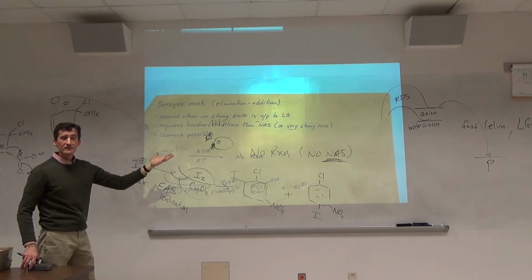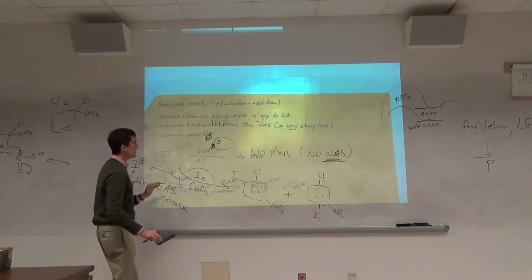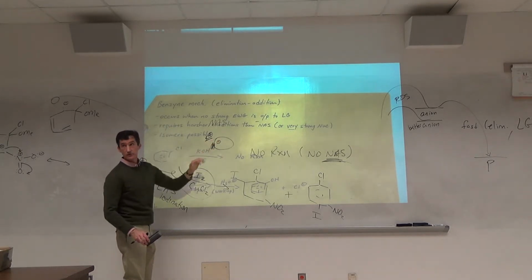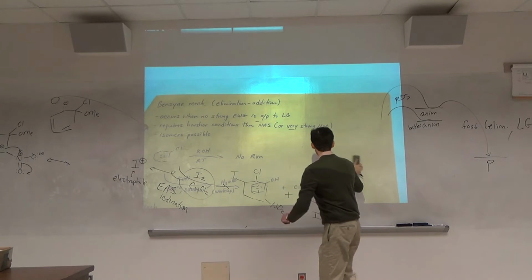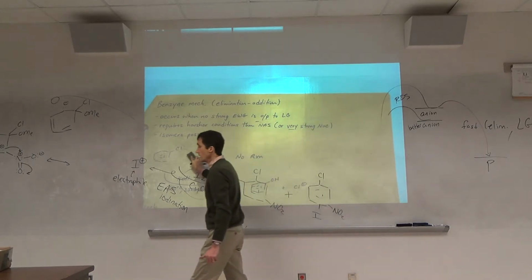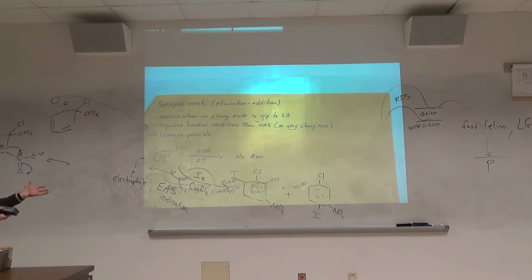If there is one, you're not going to do benzyne. So pretty much we can say it occurs when there is not a strong electron withdrawing group. The reason is that benzyne is much more difficult. You'd never do the more difficult mechanism when you can do the easier one.